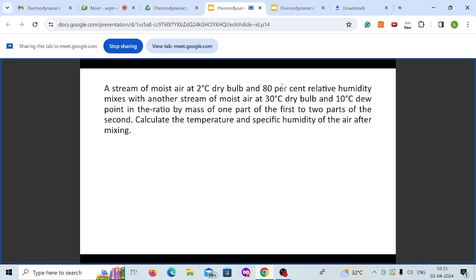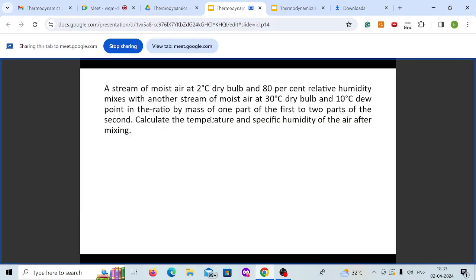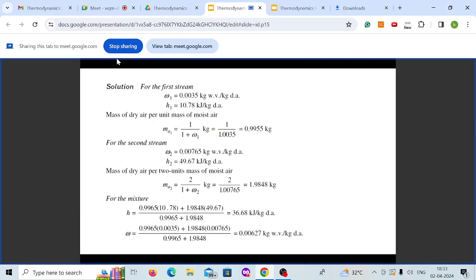You know your relative humidity, so you can find out PV, and using PV and for 1 atmosphere you can find out your specific humidity. Similarly for enthalpy, or you can straight away take these values from the psychrometric chart or any online psychrometric property reader.